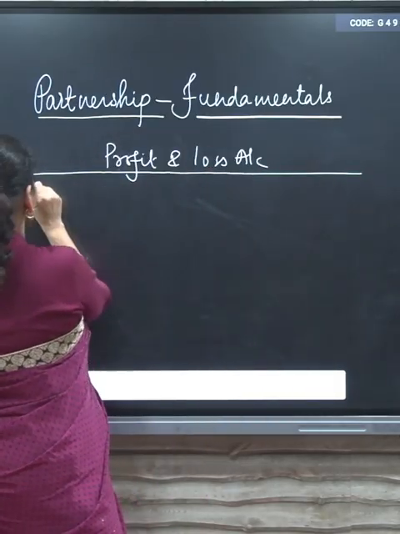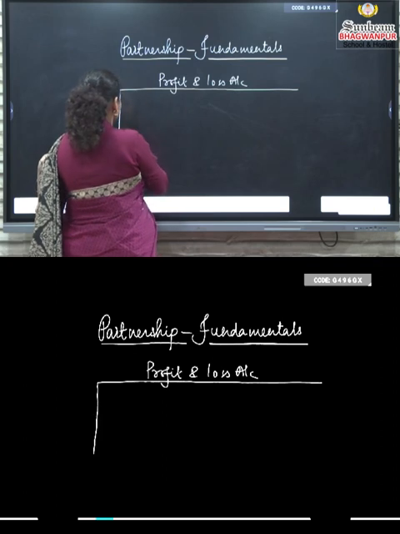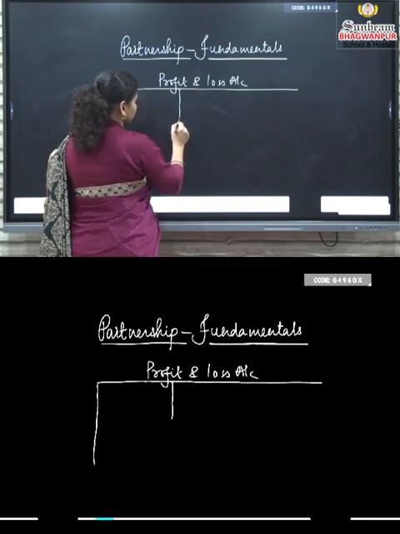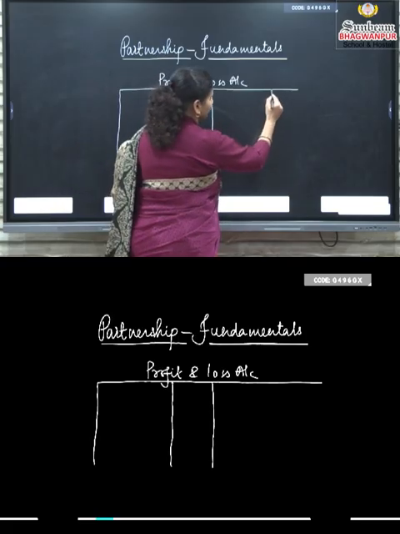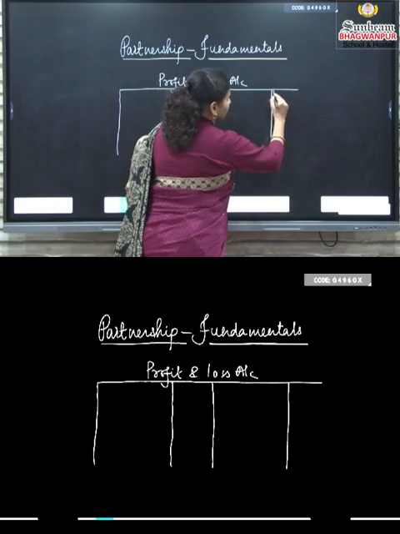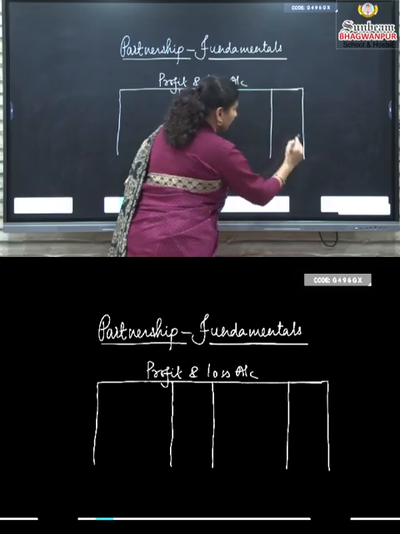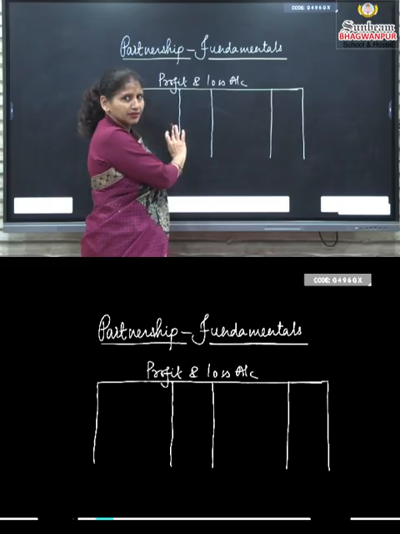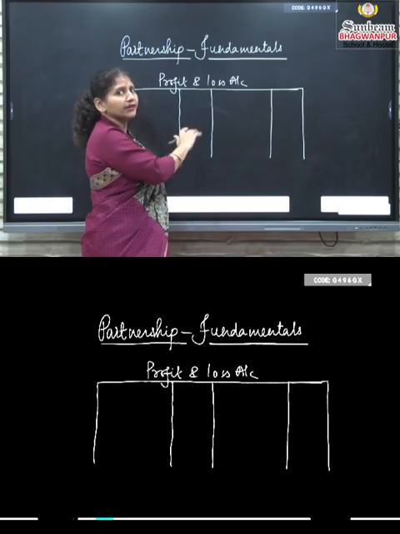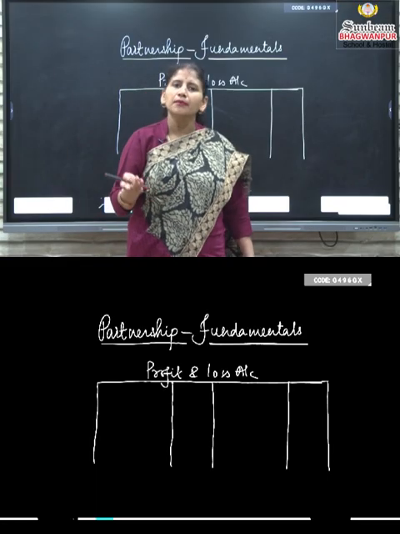I hope the format is something everybody must remember. This we have studied in class 11. This account records your net profit, and this net profit is going to be added into the balance sheet.